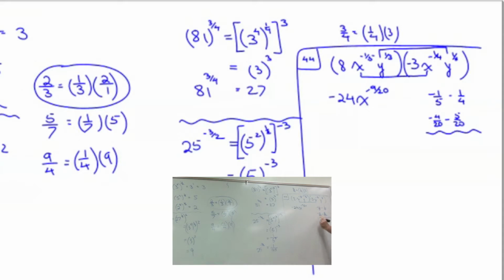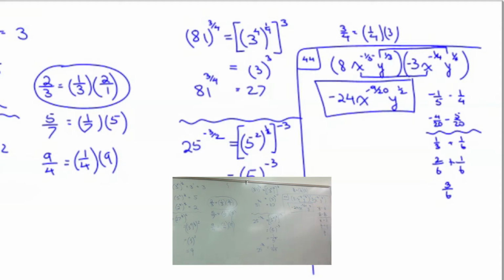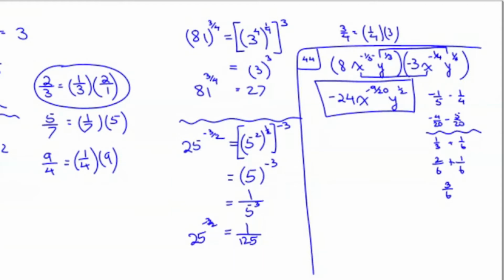Add them together. So we have 1/3 plus 1/6. Common denominator? 6. So this becomes 2/6 because you're going to multiply top and bottom by 2, plus 1/6. And 2/6 plus 1/6 is 3/6, better known as 1/2. So we get y raised to the 1/2. You write 0.5, I'd be really worried.